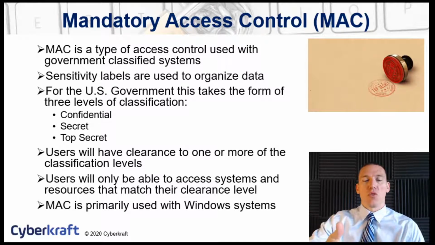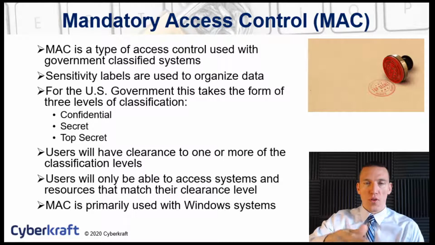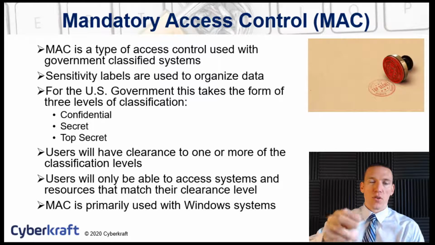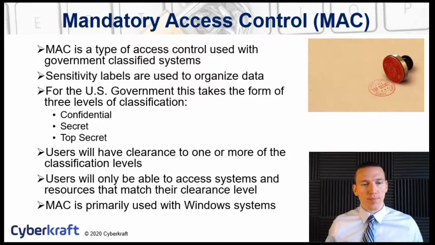And that's where mandatory access control comes mostly into effect. Users will need special access, special permissions to access those areas within that top secret environment. And they would need to be read onto those programs and then granted access to those different specialized classification levels.